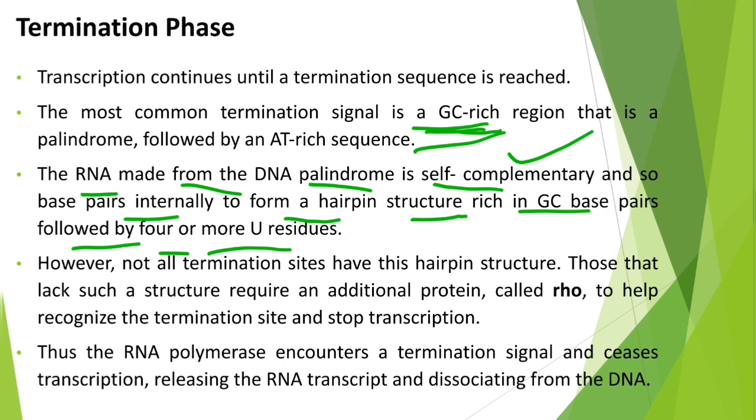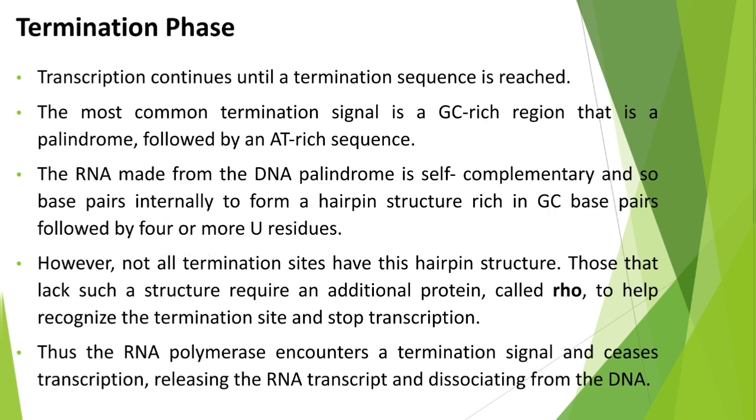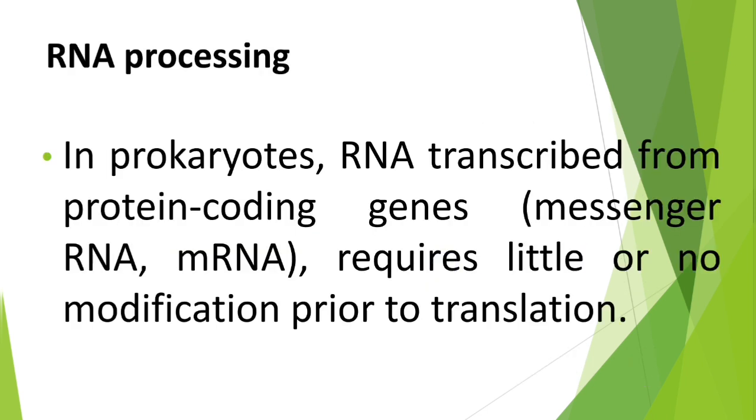So the transcription stop site requires a Rho factor for termination. Thus, RNA polymerase encounters a termination signal and ceases the transcription and releases the newly formed RNA transcript, or mRNA transcript, dissociating from DNA. Then RNA processing.